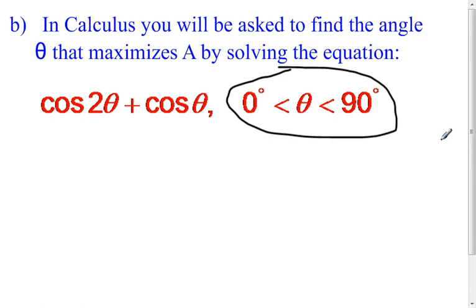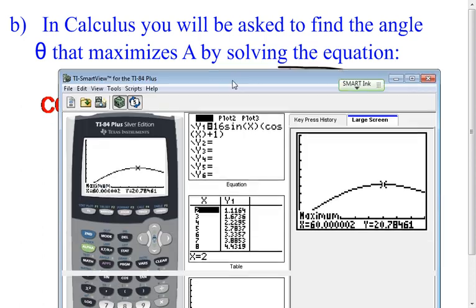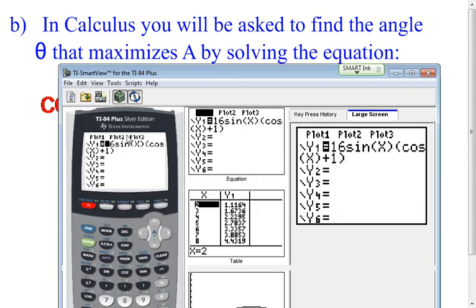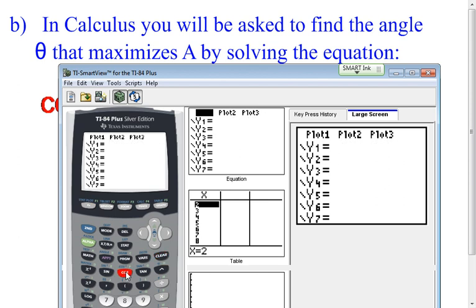So I'm going to take this equation and put it into my y equals, again, cosine 2 theta plus theta. So here we go, y equals, I'm going to clear this out, cosine 2 theta plus theta, or x in this case. I will hit graph.